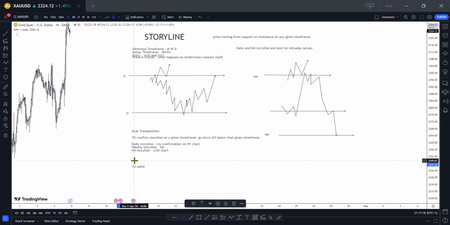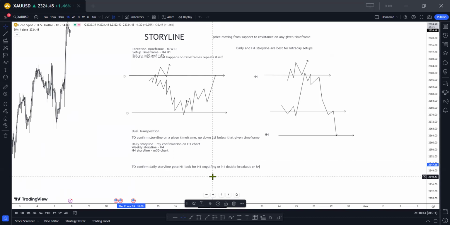To confirm the daily storyline, go to H1 and look for H1 engulfing or H1 double breakout.